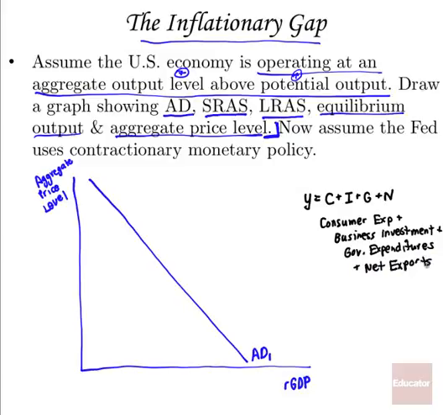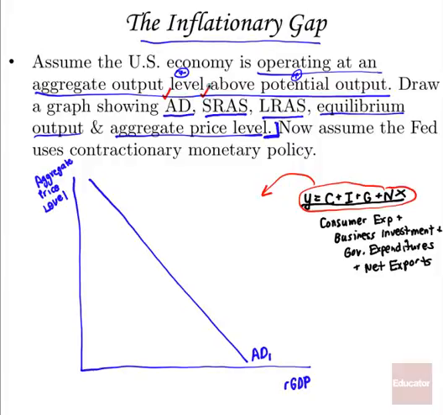When you see this equation, Y equals C plus I plus G plus NX, you're really referring to this graph that you see right here, the AD, the aggregate demand.